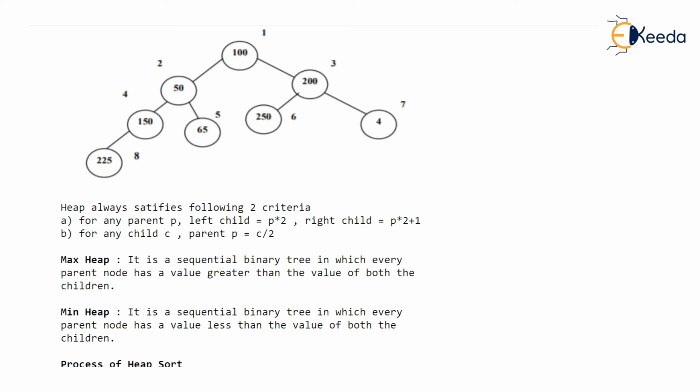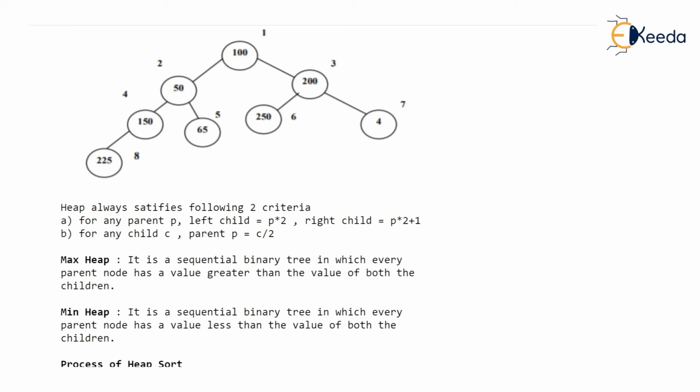Now this heap which we have drawn is not a max heap, because right here at the first node you can see although this parent is greater than its left child, it should be greater than the right child also, but the right child is 200, so the parent is indeed less than the right child, but the parent must be greater than both the children. So here itself it is not a max heap at the very first level. And the second type of heap that we have is min heap.